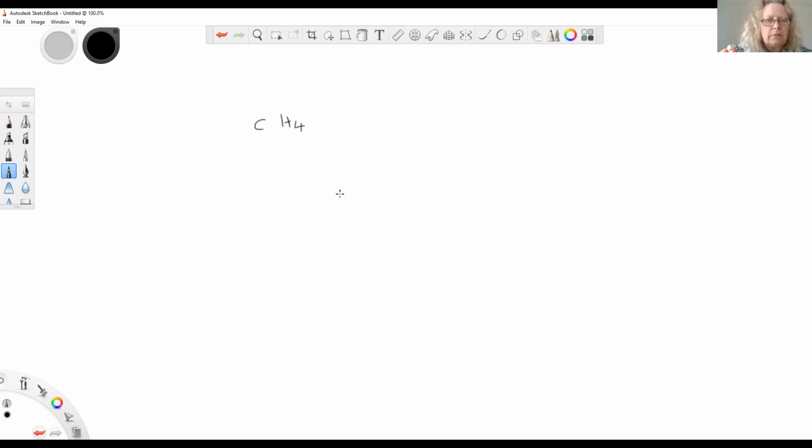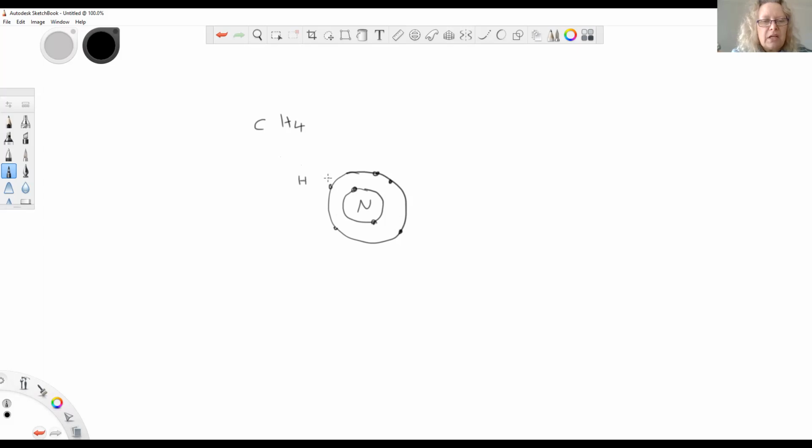So I'll show you that. So nitrogen is element number 7. So it's got 2 electrons here, and it's got 5 out here. 1, 2, 3, 4, 5. Remember, that's 3D. So they're pulling away from each other as much as they can.